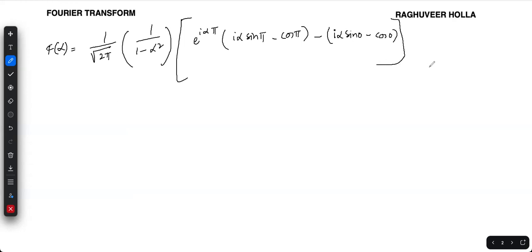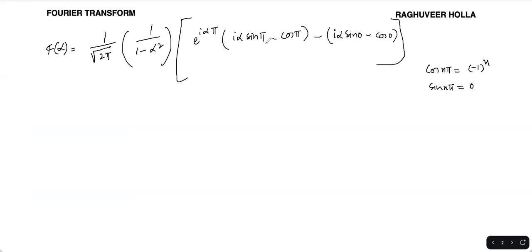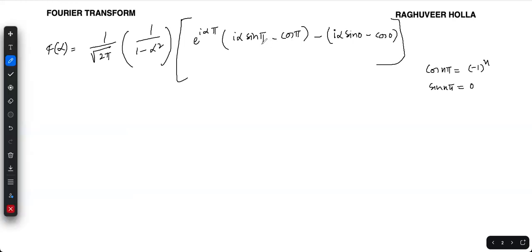Cos n pi is minus 1 to the power of n, and sine n pi is 0. So sine pi is 0 and this goes to 0, and cos pi is minus 1.